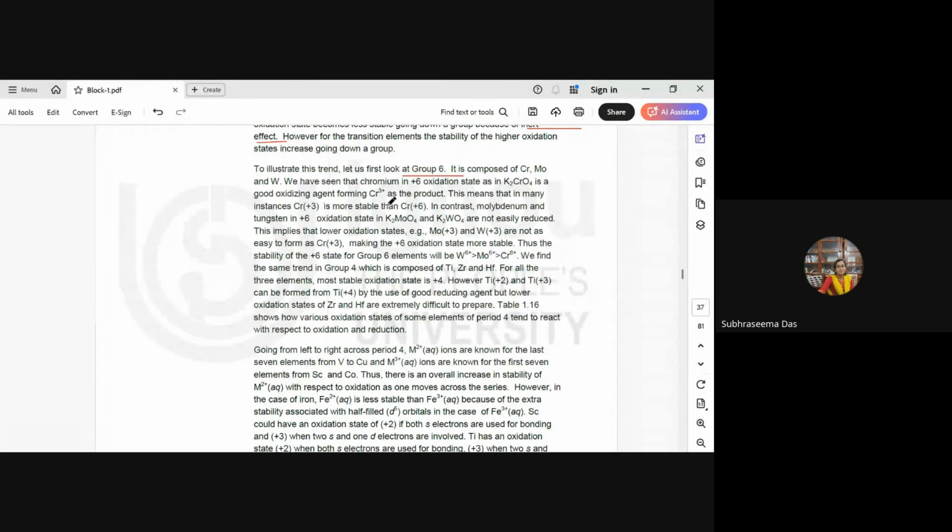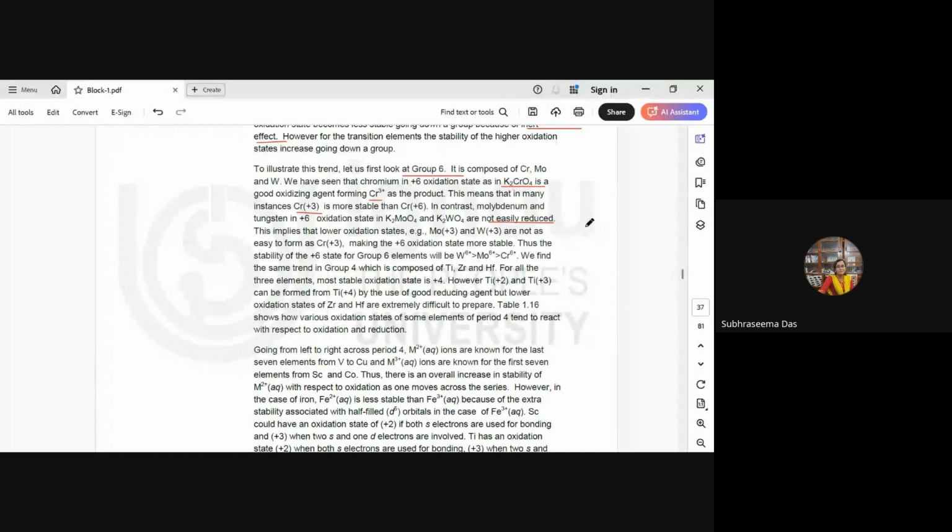We have seen that chromium has a +6 oxidation state in potassium chromate. It is a good oxidizing agent, forming Cr+3 as the product. So in many cases Cr+3 is more stable than Cr+6. In contrast, molybdenum and tungsten in the +6 oxidation state are not easily reduced.